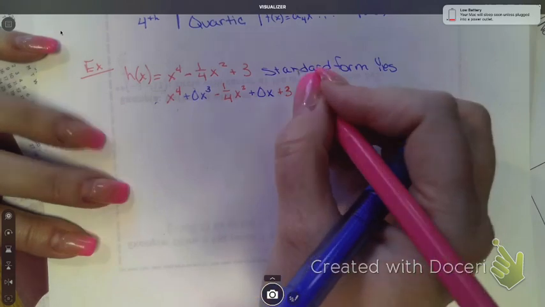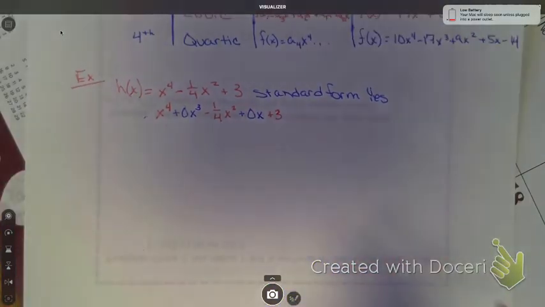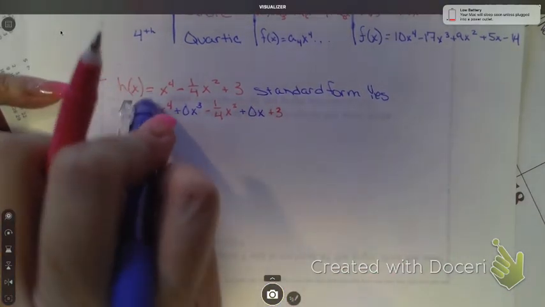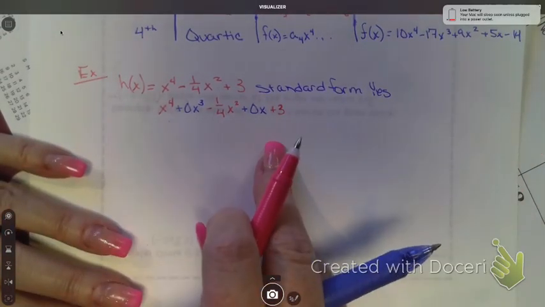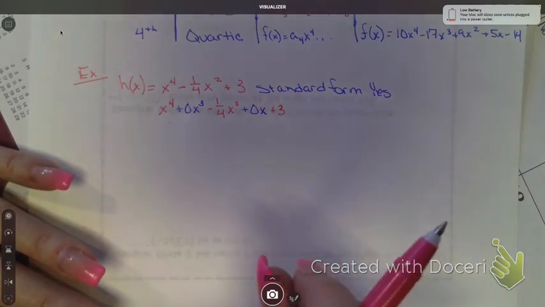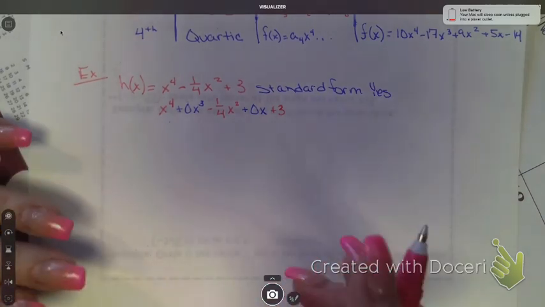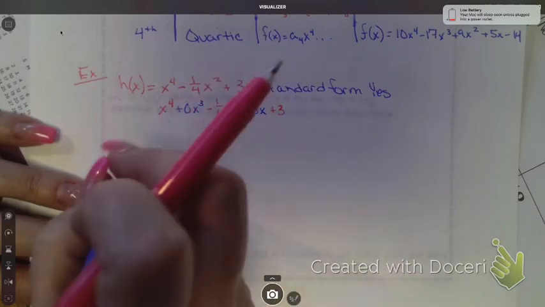Did I change it by adding in those zeros? No. But for what we're going to learn, we have to fill in the gaps. Okay, next example.